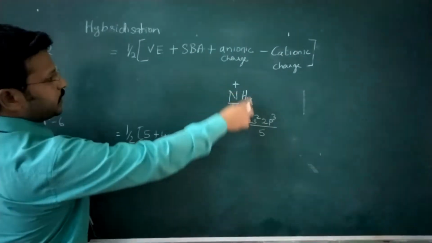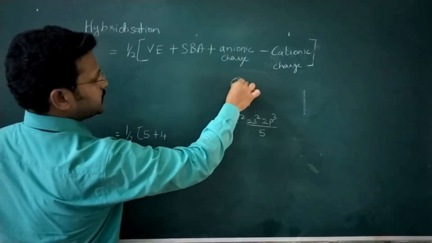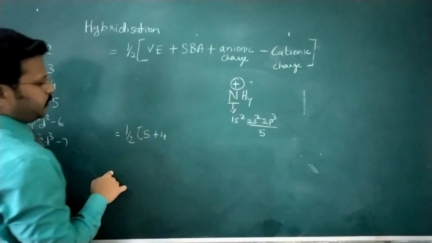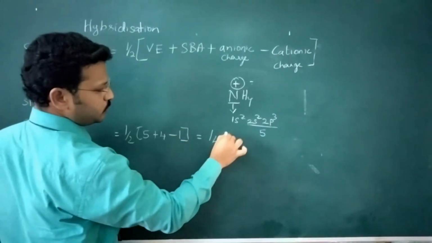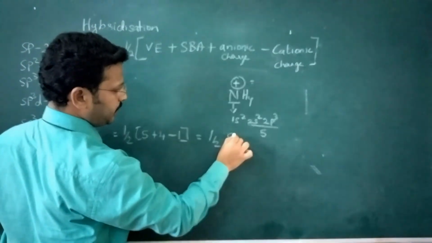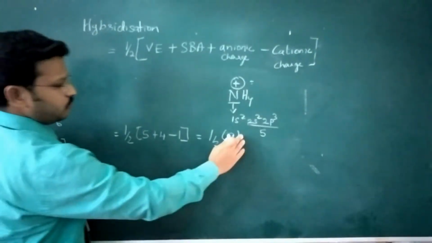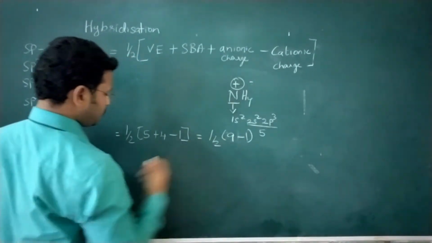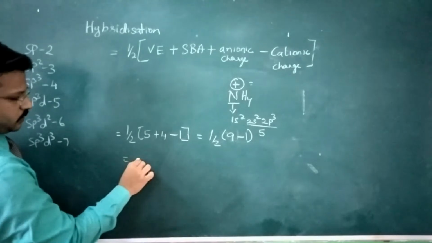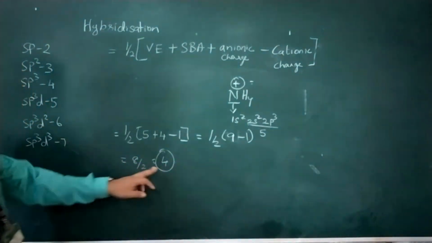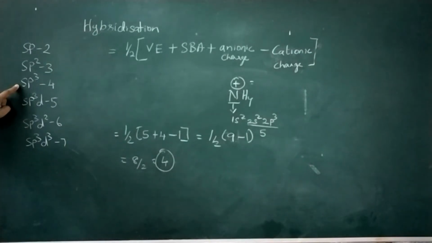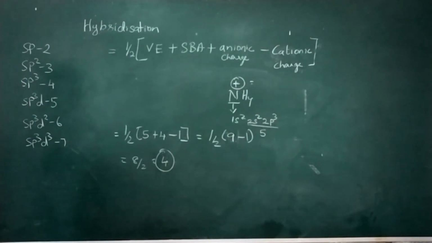Anionic charge is not there, but we have one cationic charge, which must be subtracted here, so minus 1. That gives half into 8, which is 4. The hybridization value is 4, so similar to the water molecule, the hybridization here is also sp3.